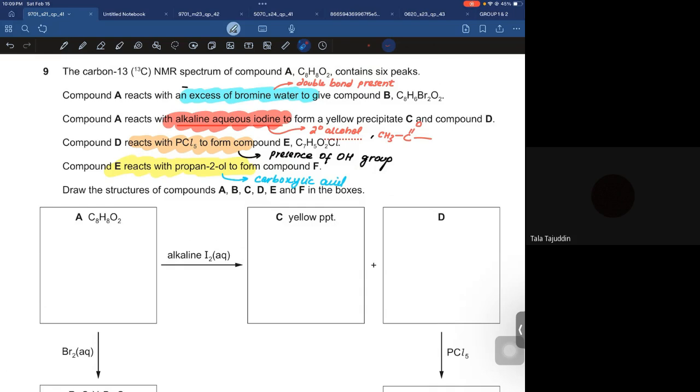So I can think that it's highly unsaturated, indicating that this compound must contain a ring. In a ring, we have the least number of hydrogen atoms. This is a good hint for you.